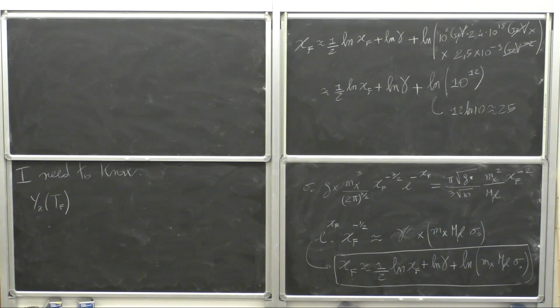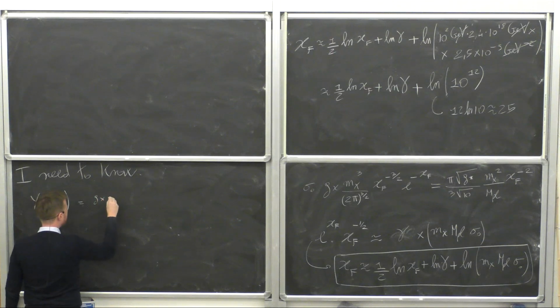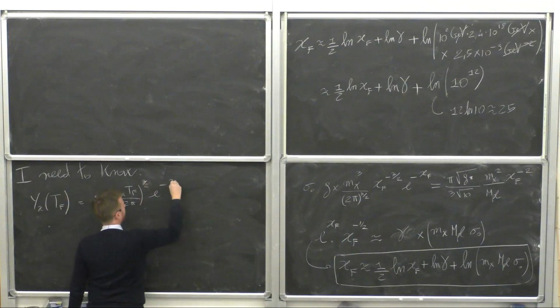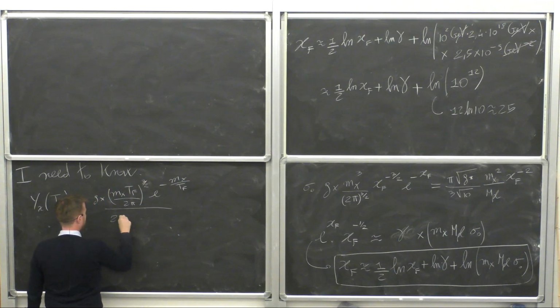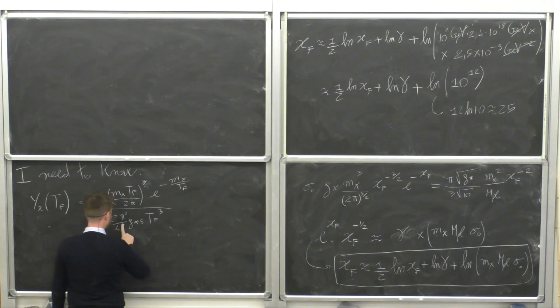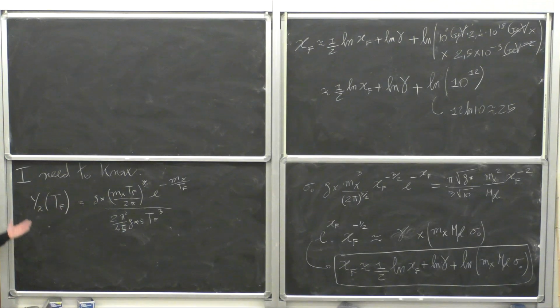If you start from the definition, we give up immediately, because you say this is g chi m chi T_F over 2 pi to the 3/2 over 2 pi squared over 45 g star s T_F cubed. This is the definition.